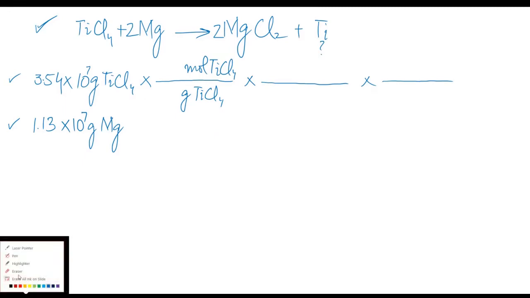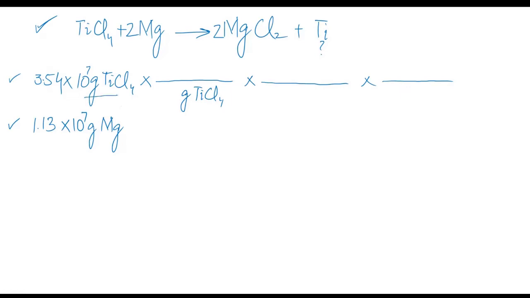Now you will complete these questions within no time, whatever the question is. So listen carefully. What is given here? Titanium chloride. It is given, write it down. What you have to calculate? Titanium, write grams of titanium here.